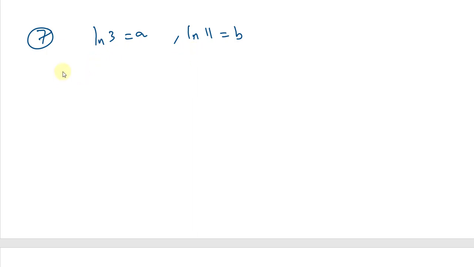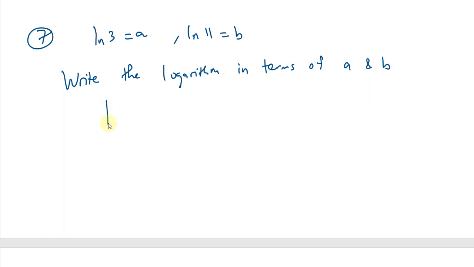Now we are asked to write the logarithm in terms of a and b, and the function is here: ln of the radical of 33. So you want to write this expression in terms of a and b.